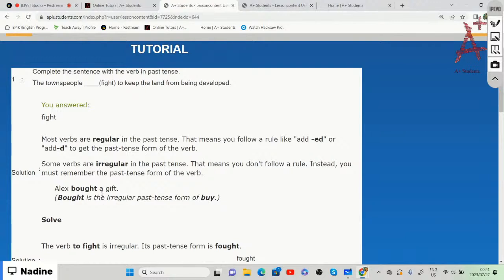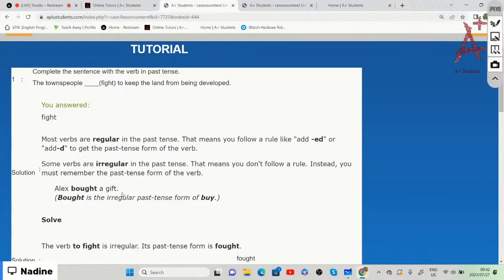The word bought is the irregular past tense form of buy. As you can see, the word even changed, from buy, B-U-Y, to bought, which is in the past tense.